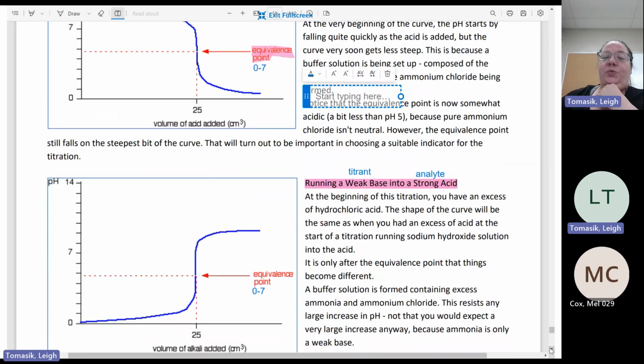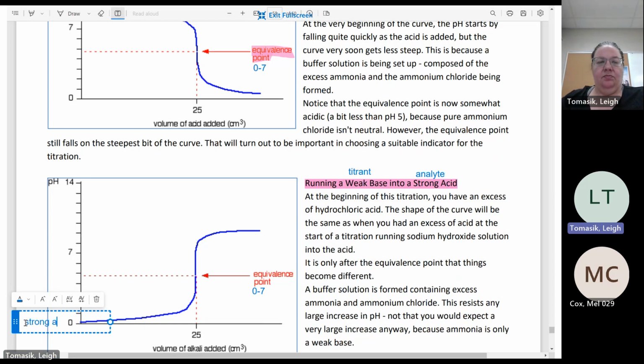So if the base is weak, you're going to have an acidic equivalence point, whether that's the titrant or the analyte. The analyte determines where we start. So a strong acid starts at 0.